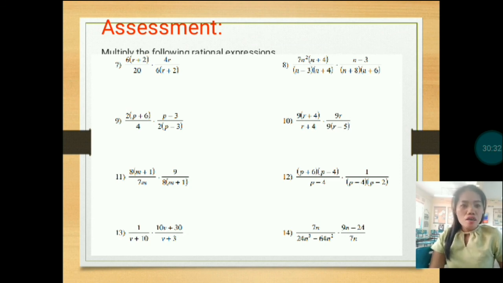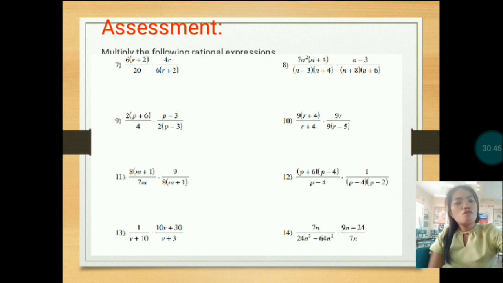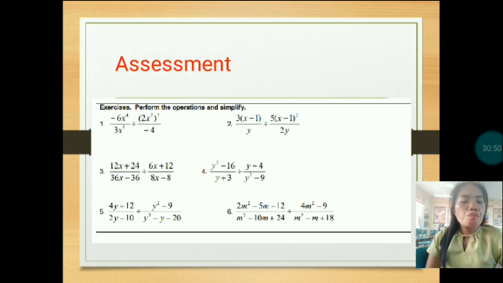Number 14, 7n over 24n cubed minus 64n squared times 9n minus 24 divided by 7n. Okay, let's proceed to part 2. For part 2, we will have the operation division.